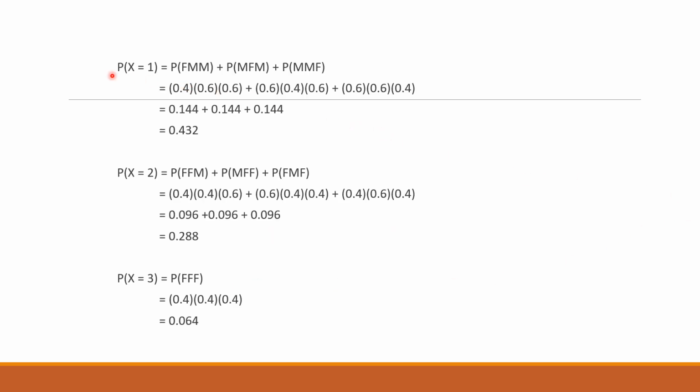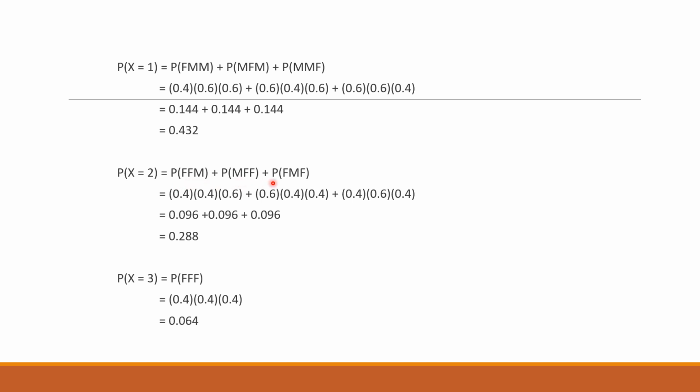To find the probability x equals 1, there are 3 outcomes here, and then you multiply as shown in the slide. The probability is 0.432. This is when you want to find probability x equals 2, meaning 2 females.